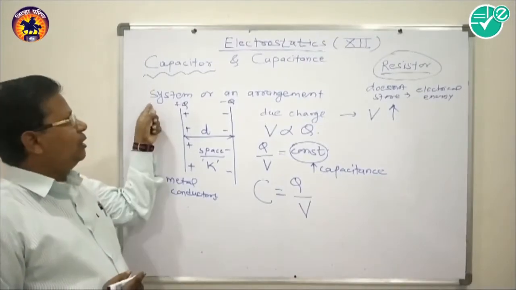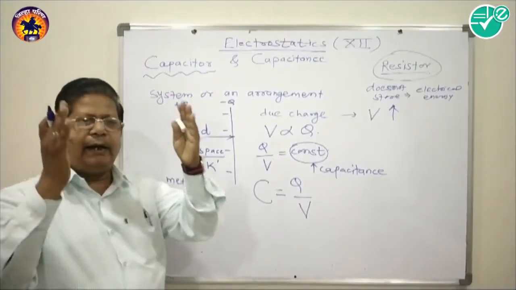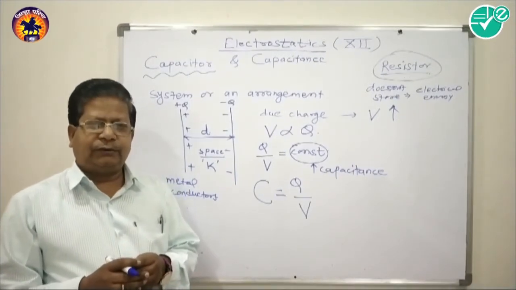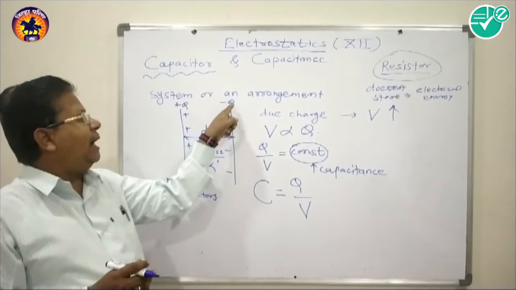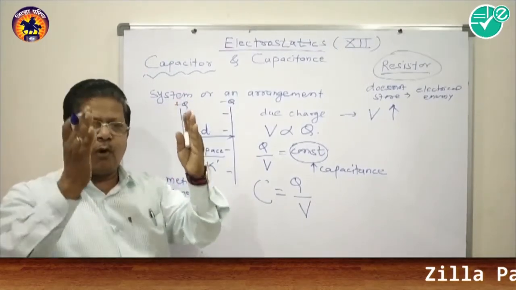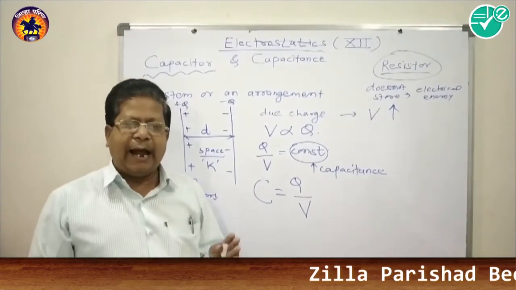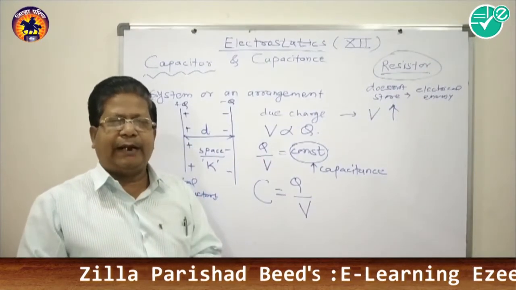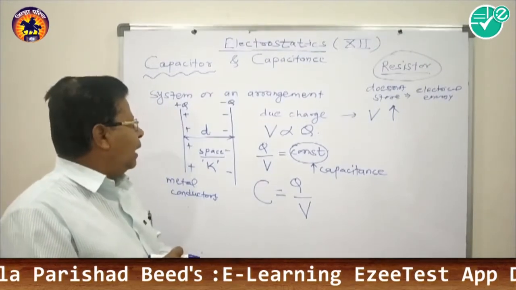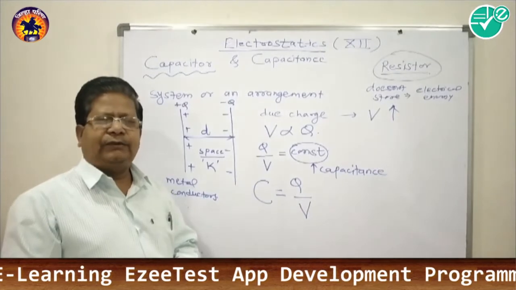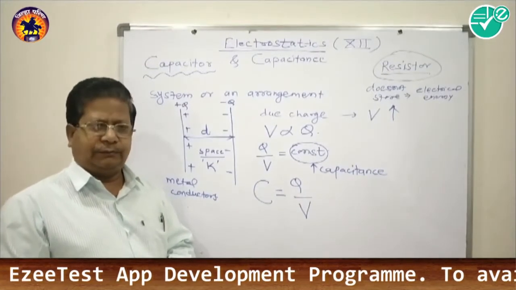So, the system or arrangement formed by two insulated metal plates having equal and opposite charges separated by a small distance, and the space between them filled with dielectric medium, such a system is called a capacitor.